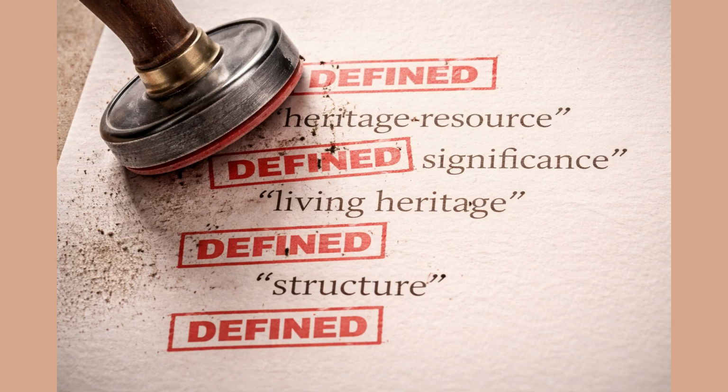The section dealing with definitions in the NHRA is quite substantial, and it includes concepts such as heritage resource, cultural significance, living heritage, structure, and site. Now, each of these concepts is not only loaded with social value, but they also have legal associations.